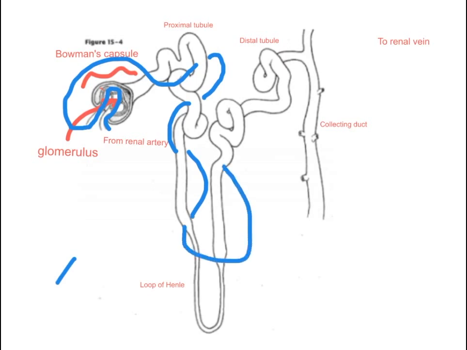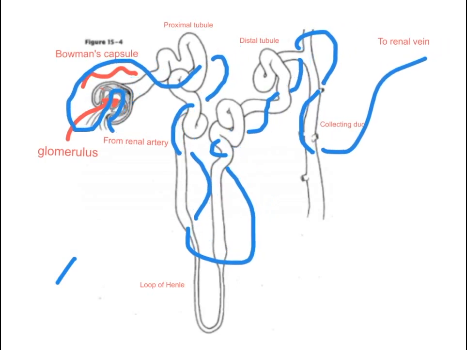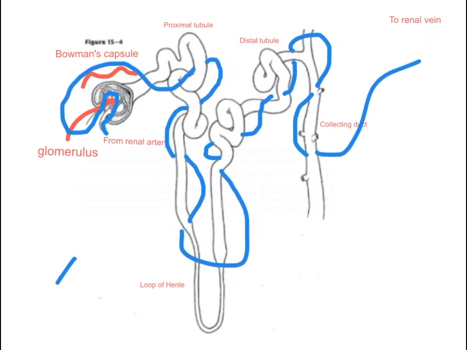And back maybe this way. And this way. And this way. And sure, it's going to snake its way down this way and out. And eventually, that would go out to connect up with other efferent arterioles and eventually out to this thing called the renal vein. So that's kind of the pathway of blood.